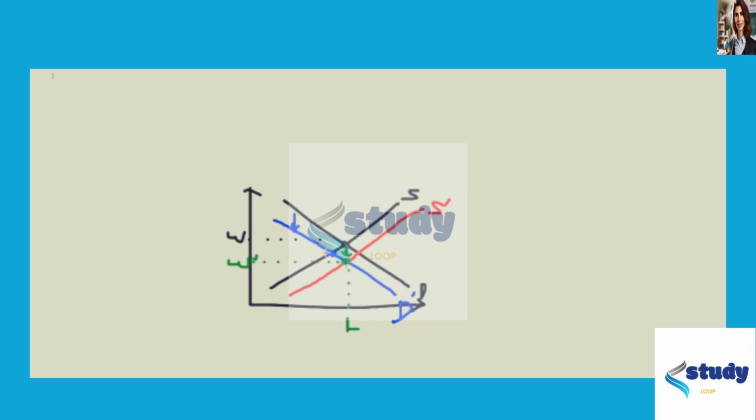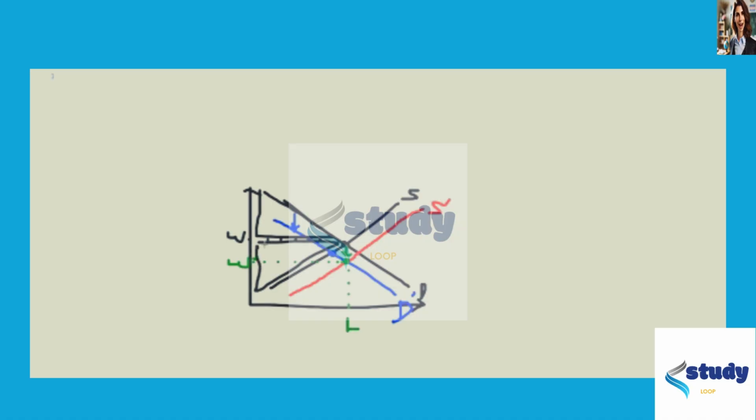If we want to see who is better off and who is worse off, we can look at the surplus. In the original black line, the firm's surplus is the triangle right here, while the employees' surplus is the triangle over here.